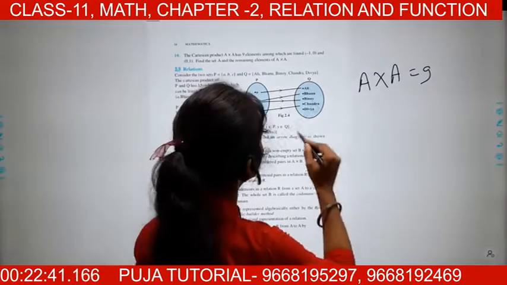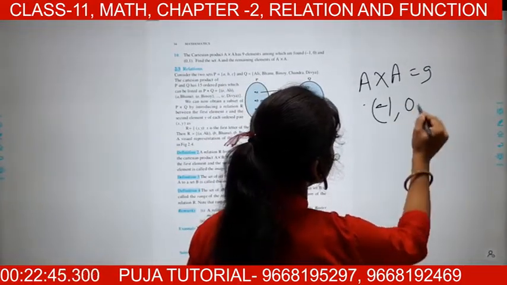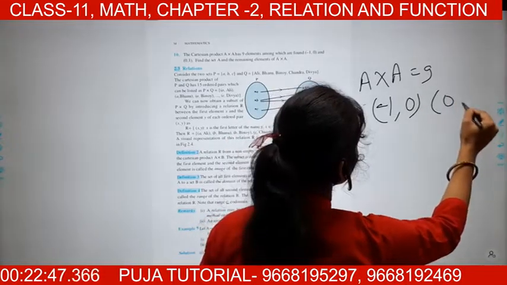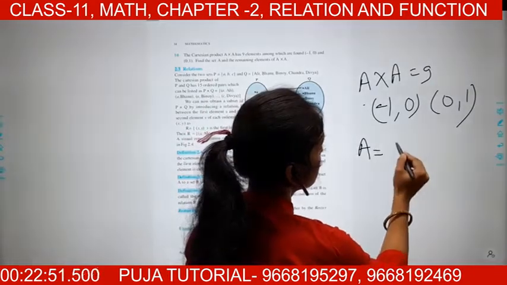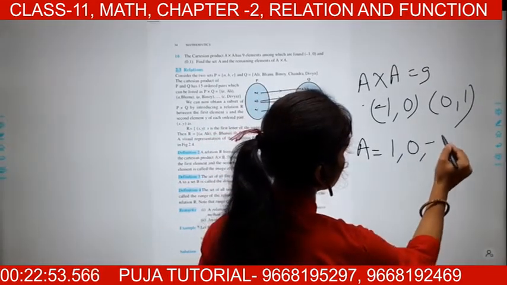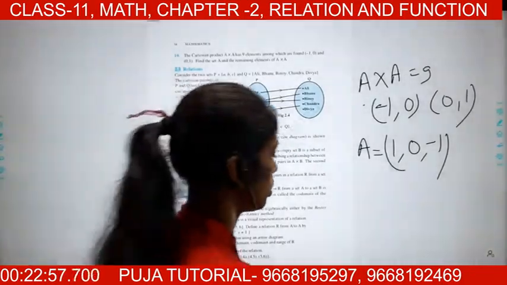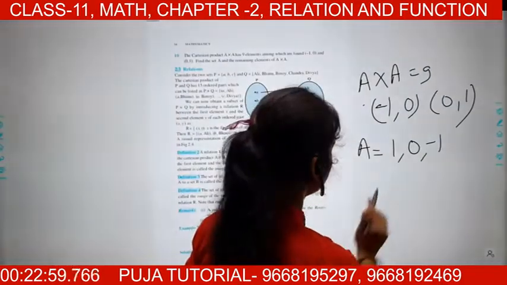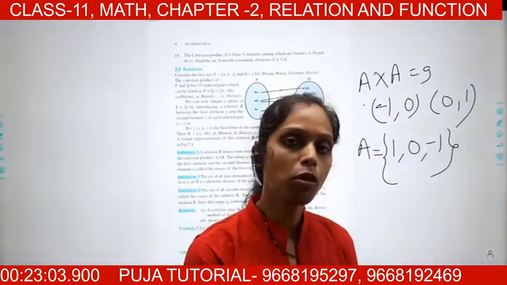One is minus 1 and 0. And second is 0. Then A will be 1, 0 and minus 1. This is the element of A.